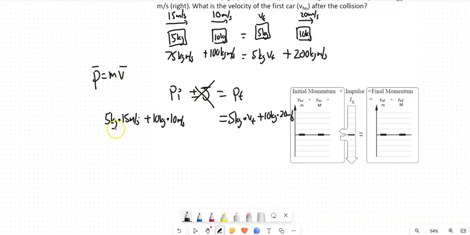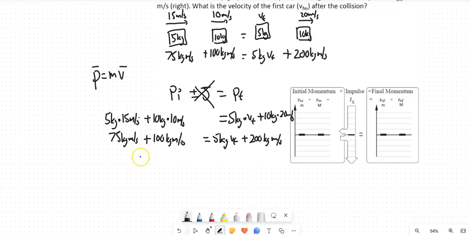So this ends up being the same thing here: 75 kilogram meter per second plus 100 kilogram meter per second is equal to 5 kilograms V final plus 200 kilogram meter per second.